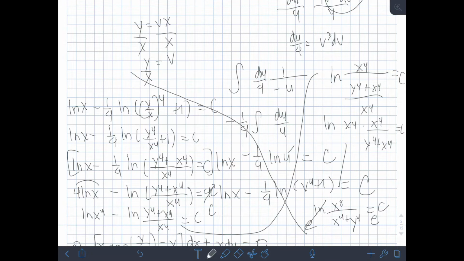So, dito na lang ulit, x to the 8th over x to the 4th plus y to the 4th equals e raised to c, gawin na lang nating c ulit. Okay? So, therefore, this is our final answer. x to the 8th over x to the 4th plus y to the 4th equals c.